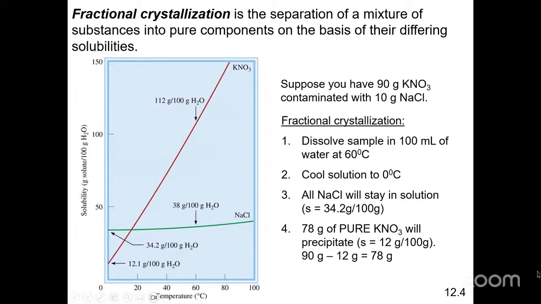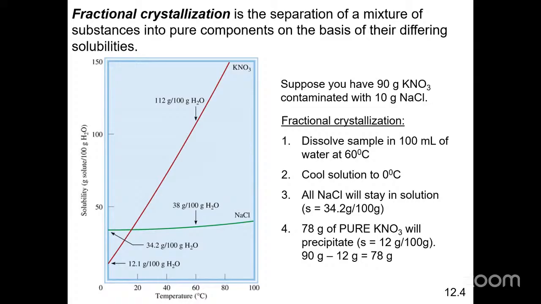Now, please note that in a perfect world, you would recover all of it, but you can't do that, right? The best you can recover in this case is 78 grams of the 90 grams that was there in the solution originally. And this is, again, a common issue that people involved in separation face, right?